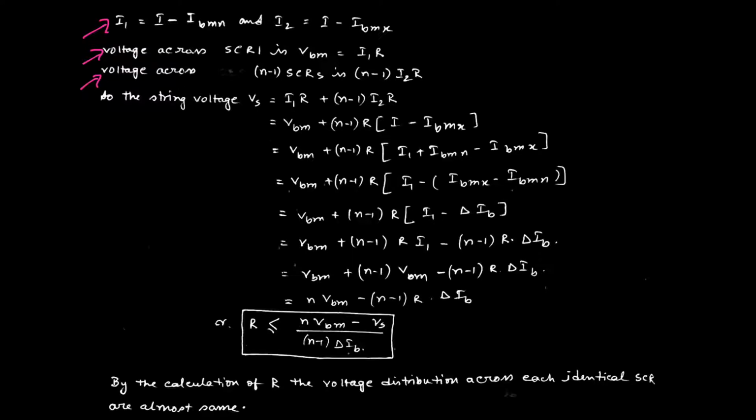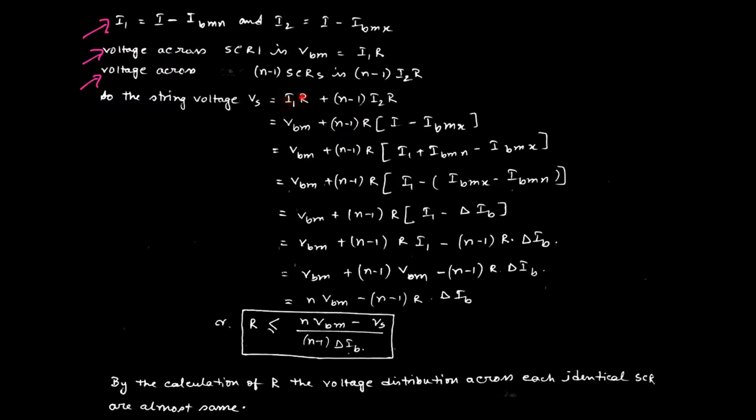So from the string voltage, we can write the expression: the total string voltage, defined by Vs, should be equal to the total voltage drop across each parallelly connected resistance.